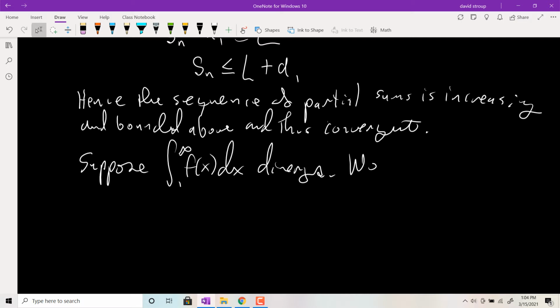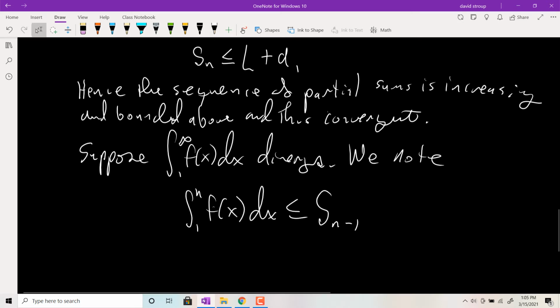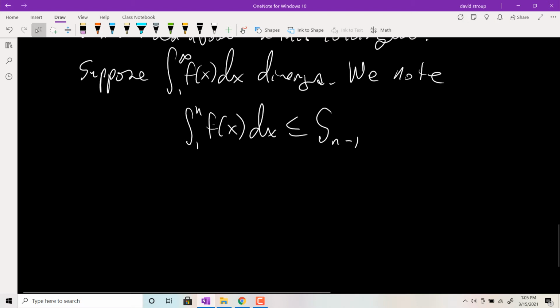We then note that the integral from 1 to n of f of x dx will be less than or equal to S sub n minus 1, as n gets pushed to infinity, which is what we do for our improper integrals.